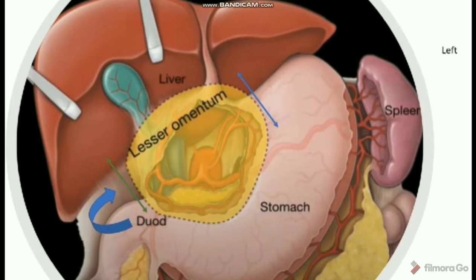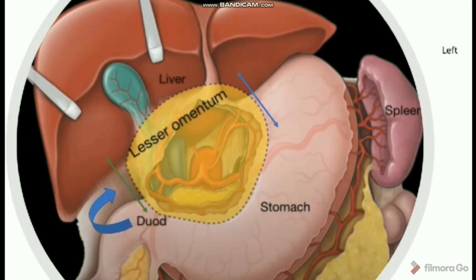Again we are coming towards the double-headed arrow back. So the blue double-headed arrow in that diagram or that slide which I had shown you, first the superior connection with the dome of the diaphragm. Now because of all that rotation, it has come to lie on the left side, and the lesser omentum, which was free and not attached to any side, has come to lie on the right side.